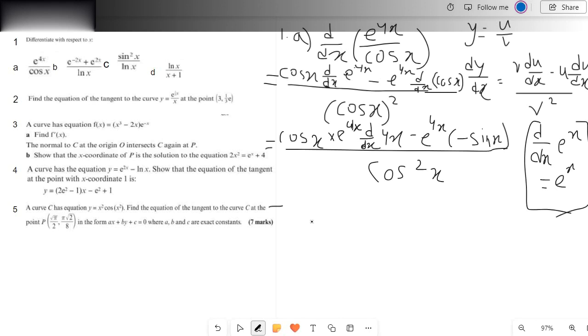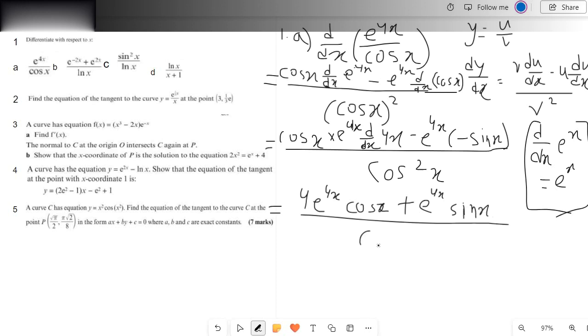So simplifying, the derivative of 4x is 4, so we have 4 e to the power 4x multiplied by cos x, and then minus 1 multiplied by minus 1, which is 1. So we have e to the power 4x multiplied by sin x, and the whole divided by cos squared x.